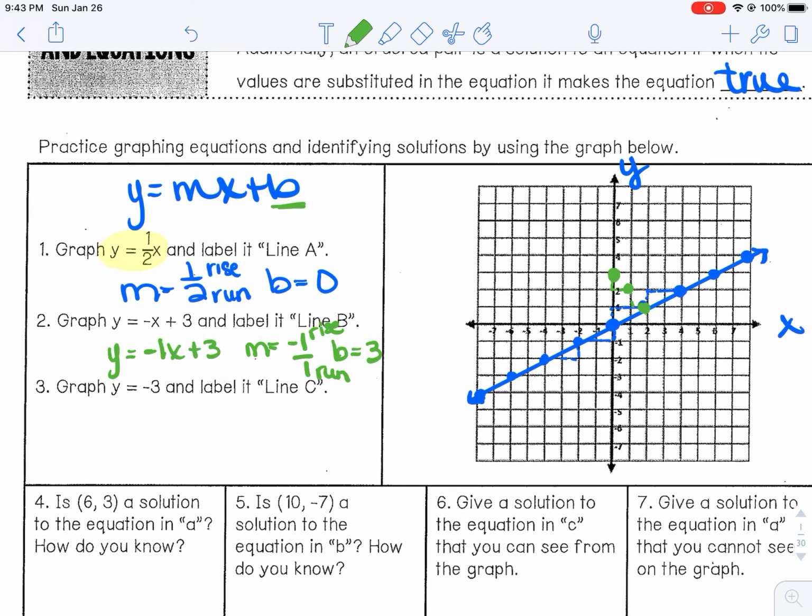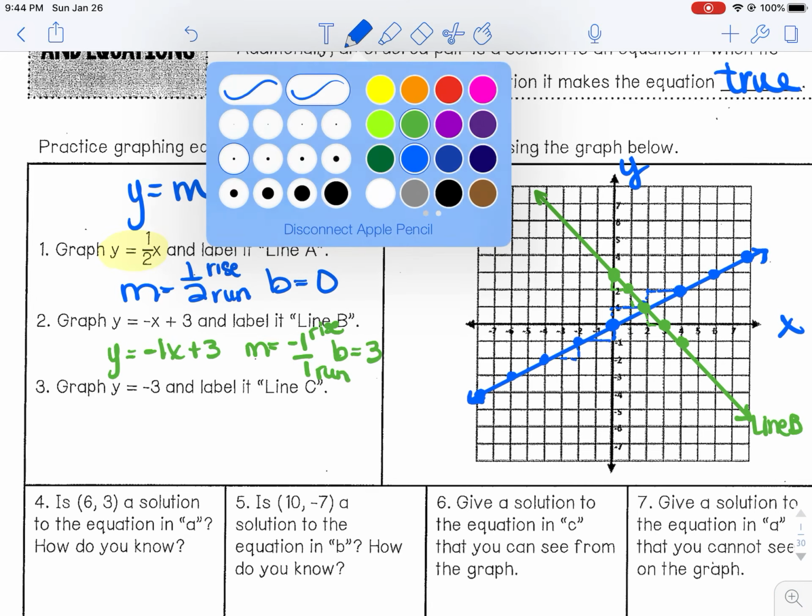Down 1, over 1, down 1, over 1. Keep doing that, and you get a pretty good indication of what your line should look like. Okay, and I'm going to label that one line B. Should have named the first one line A, and I forgot.